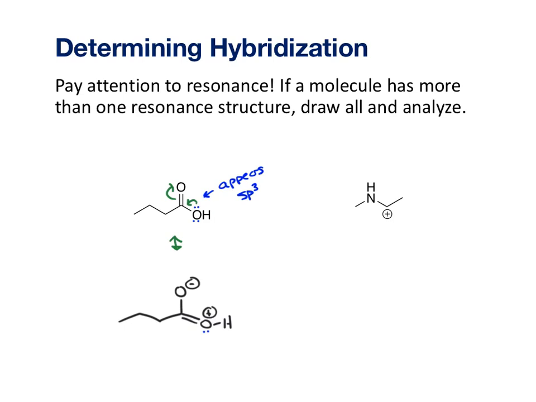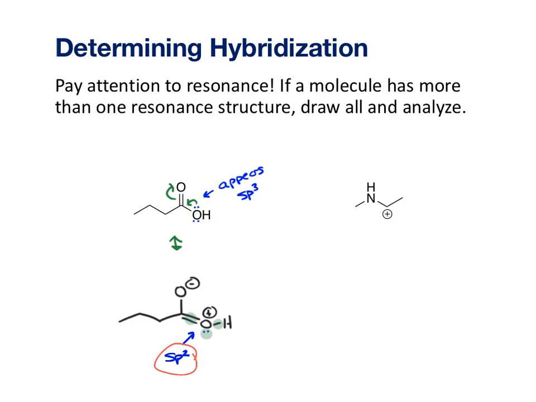So now if we look at this and count our number of groups, we have the double bond, the single bond, the lone pair, 3 groups is sp2. So when you have this type of system where there's multiple resonance structures that give you different hybridizations of an atom, pick the one with more s character. So sp2 has more s character than sp3.